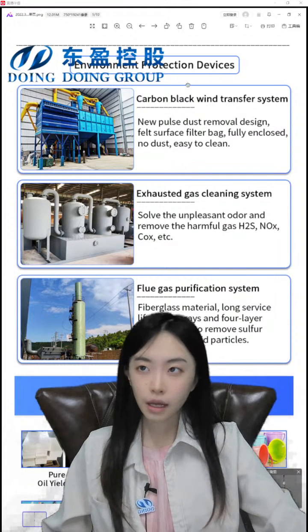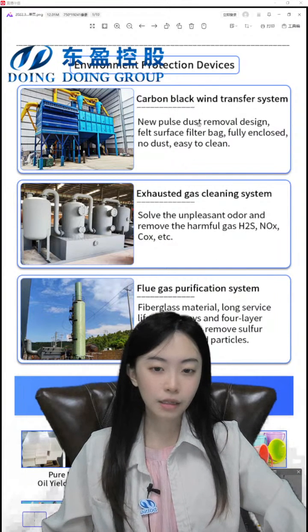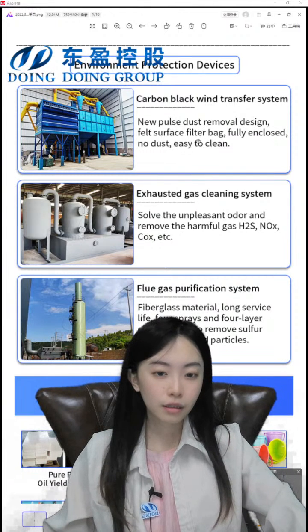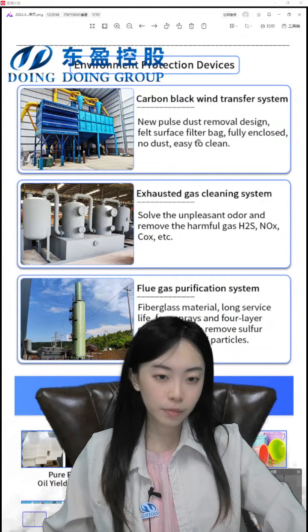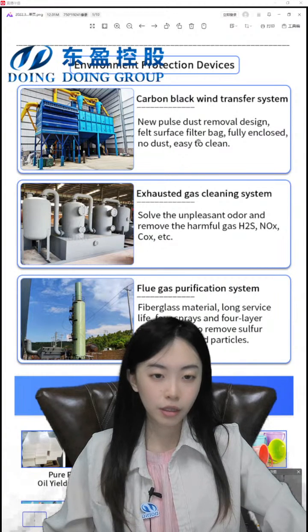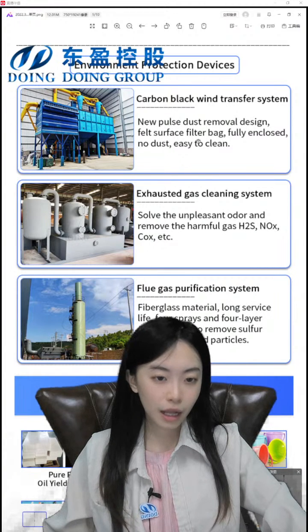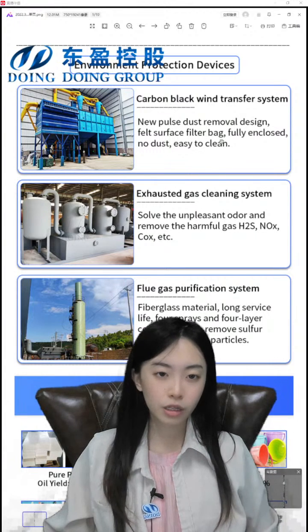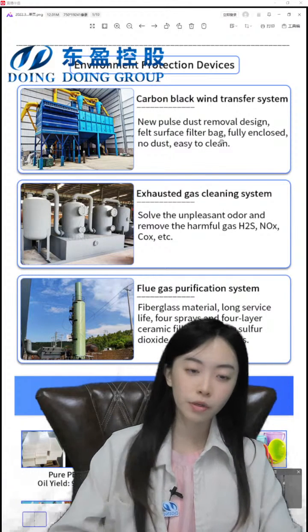We have the carbon black wind transfer design. Because if you have this business, you may know that carbon black is one of the main dust pollutants. If you choose the front slag to discharge the carbon black, there may be a lot of dust, and the carbon black pollutes the environment of our plant. So we can use the carbon black wind transfer system to solve this problem.